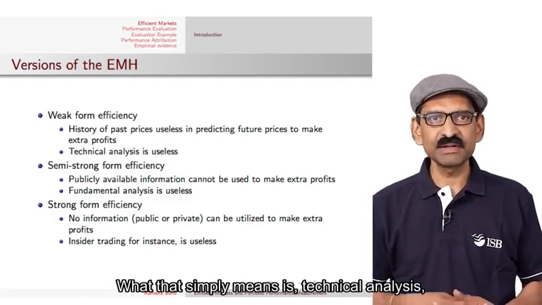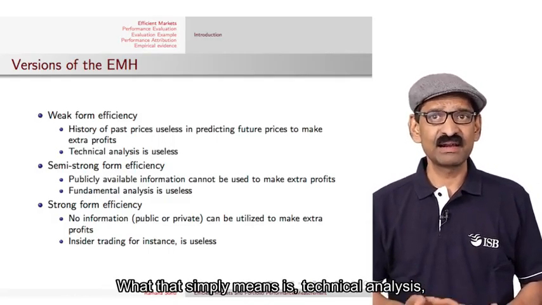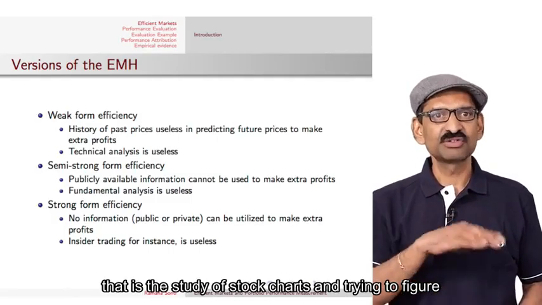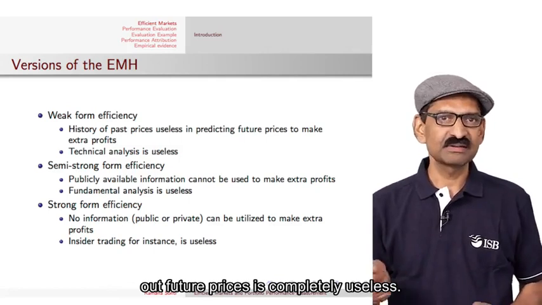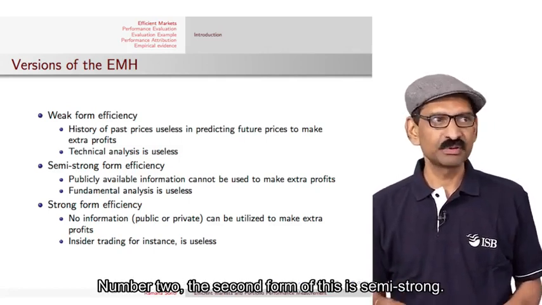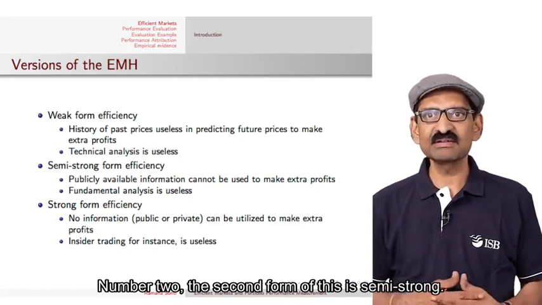What that simply means is technical analysis, that is the study of stock charts and trying to figure out future prices, is completely useless. Number two, the second form of this is semi-strong.